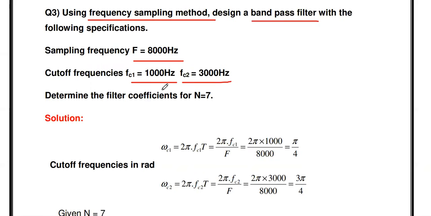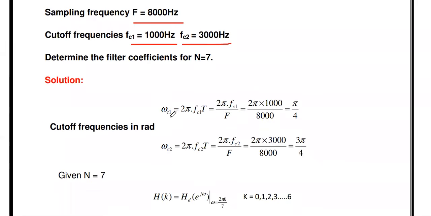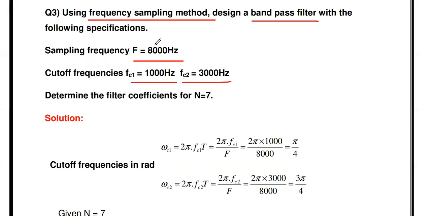The formula is omega c equal to 2 pi f into T. To convert into digital frequency, we multiply by the sampling time. Here the sampling frequency is given.